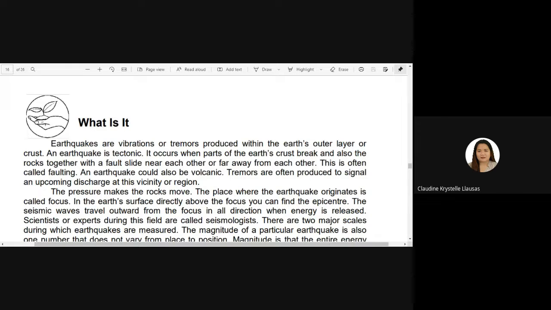It can be tectonic, when parts of the Earth's crust break and also the rocks together with a fault slide near each other or far away from each other. Aside sa tectonic, earthquake could also be volcanic. Then tremors are often used to signal an upcoming discharge. So sa volcanic, maglinog una, ayha dayon mahitabo ang eruption.